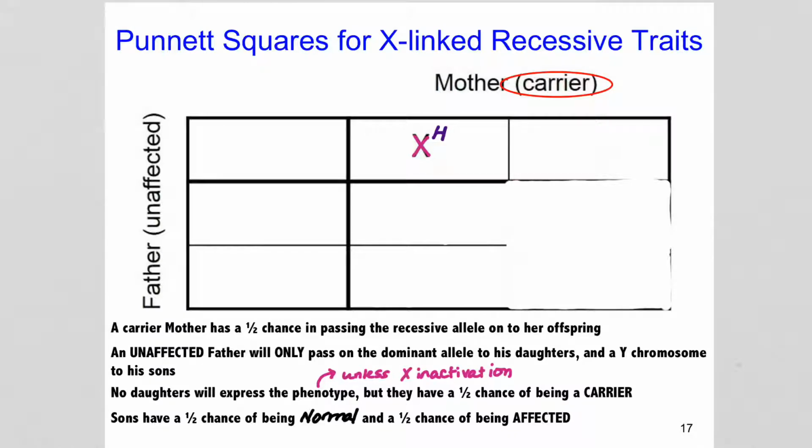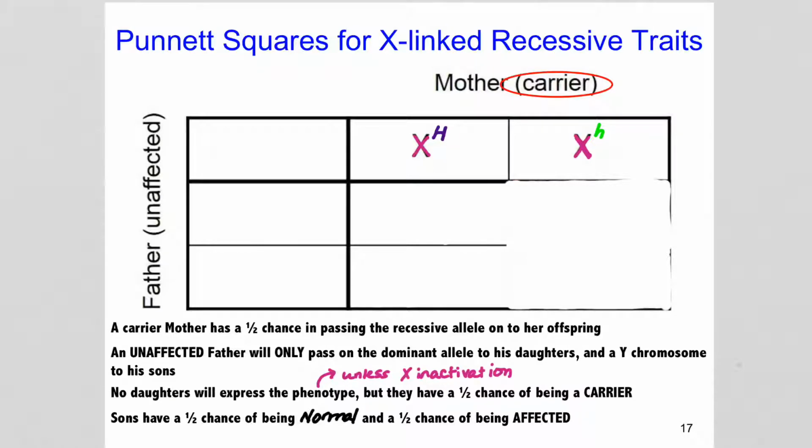Her genotype: she has one X that in this case is carrying the dominant or functioning allele, represented by an H. And on her other X chromosome, she carries a mutation. So this is represented by our lowercase h because our condition is recessive and X-linked.